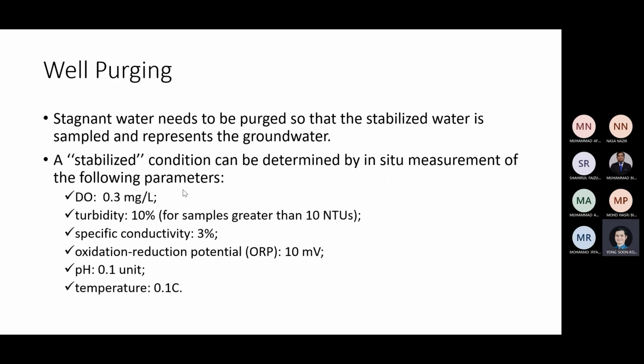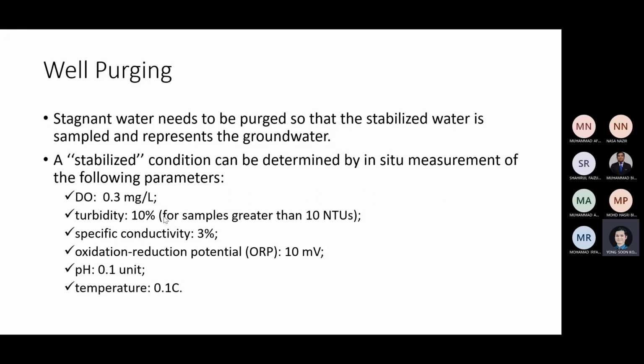Okay, so these are the things. How do we know when to stop? When a stabilized condition is obtained. So this is the guideline. How do you know the water is stabilized? It is when you have a DO of 0.3, turbidity of 10% and whatnot, everything. This is just a guideline. It's never strictly followed, because when you purge, sometimes the groundwater may not follow the same parameters.